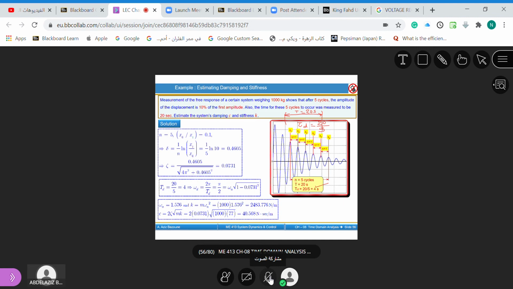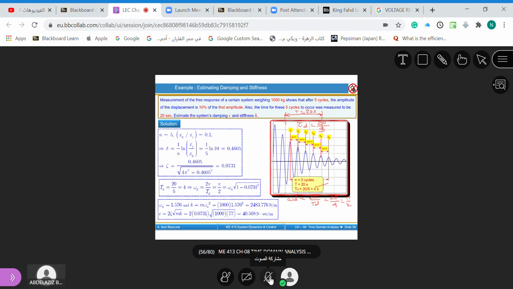So omega d will be simply equal to 2 pi over tau d, and tau d is 4, so it will be pi over 2.